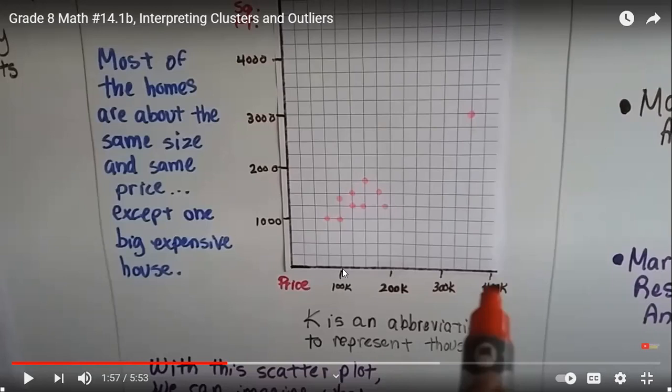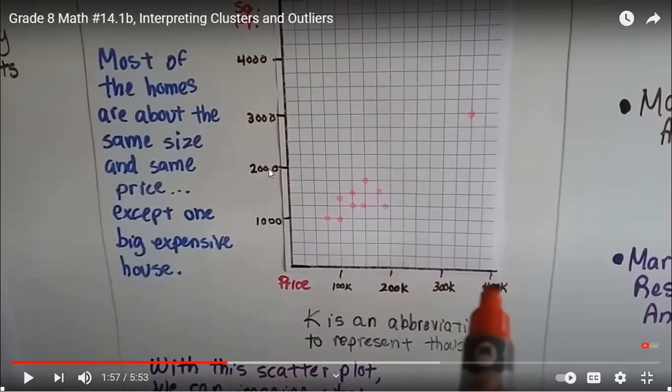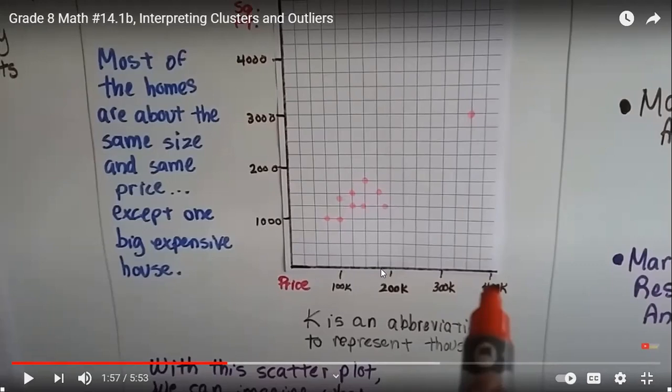Most houses in this chart have the same price, between 100K and 200K. If we look at the feet, the size, it's between 1,000 and 2,000 feet, right? And the price is between 100,000 and 200,000. Yes.